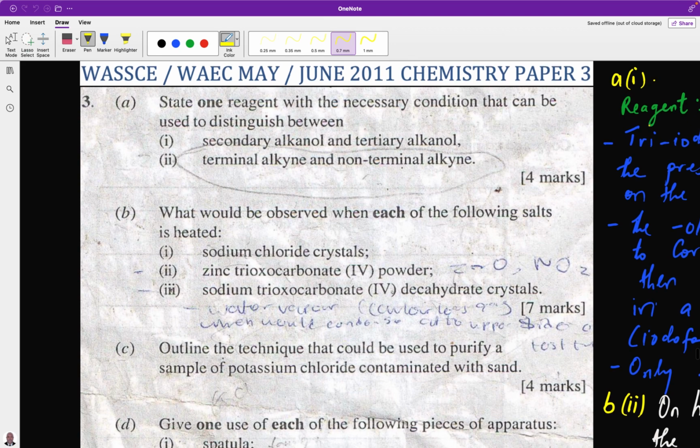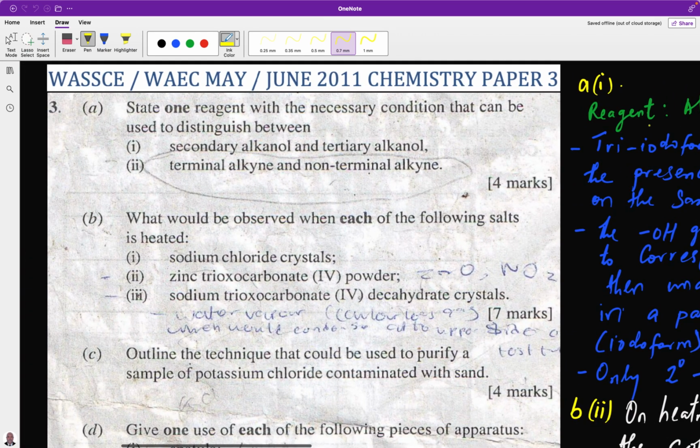The reagents and the conditions are very, very important. Let's go for A1, that is one reagent with necessary conditions that can be used to distinguish between secondary alkanols and tertiary alkanol.